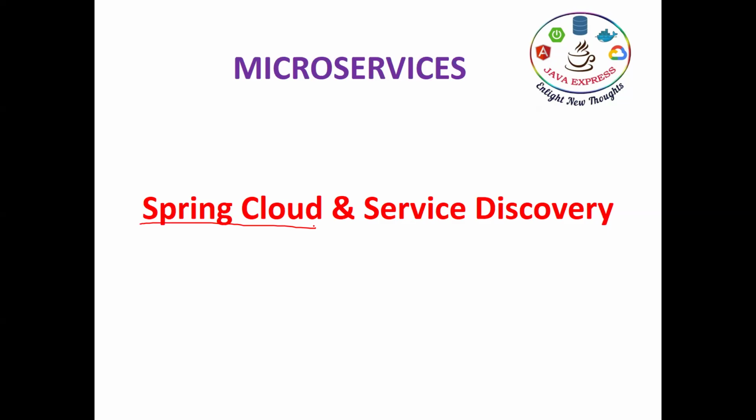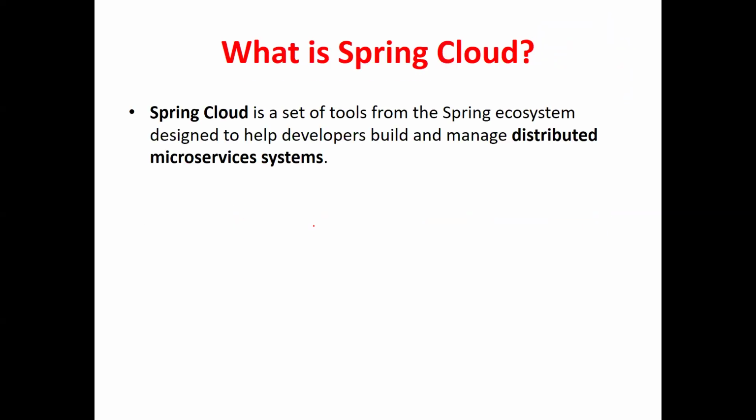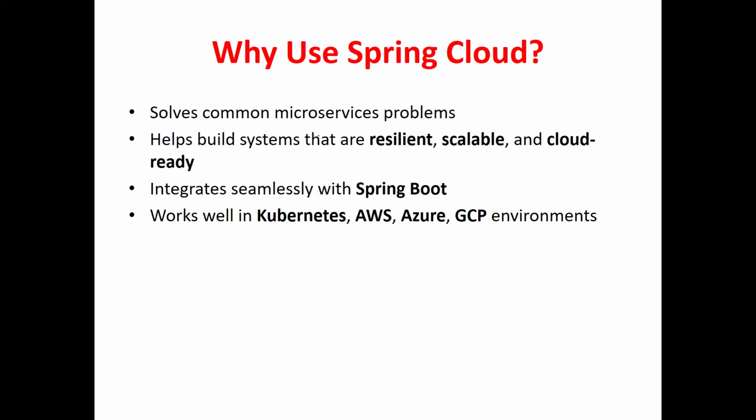It gives a lot of tools for developers creating microservice systems with a number of services. It solves common microservice problems and helps build systems that are resilient, scalable, and cloud ready.